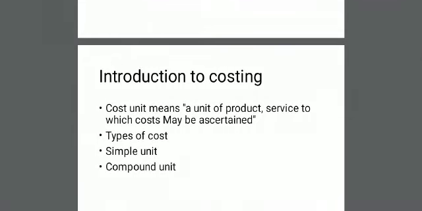So today's discussion topic is introduction to a costing system. Basically, a cost unit is a unit of product, service or time in relation to which cost may be ascertained. That means a unit of cost may be a selling unit, a batch of identical products, a unit of service, a job or a process.